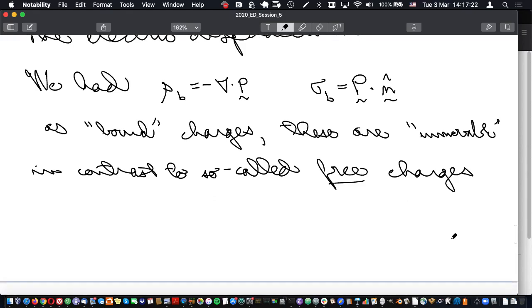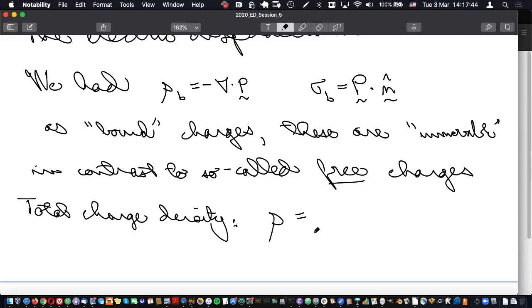Okay, so if I were to come and inject charge in my material, what I would do is add what I would call the free charges to the material, and then the total charge density within a dielectric is rho bound plus rho free. I mean, it sounds like a political discourse, but that's not what it is. It's really just like, okay, so you're either bound or you're free.